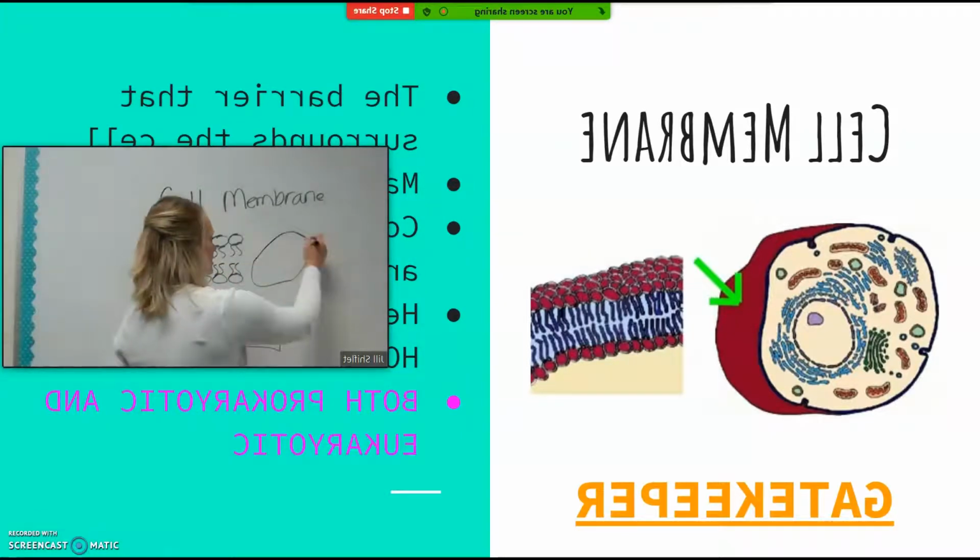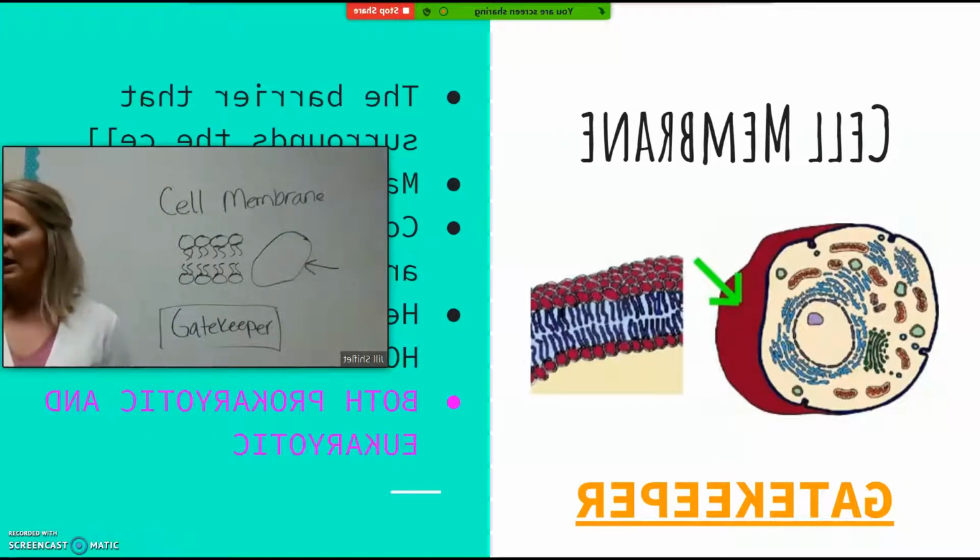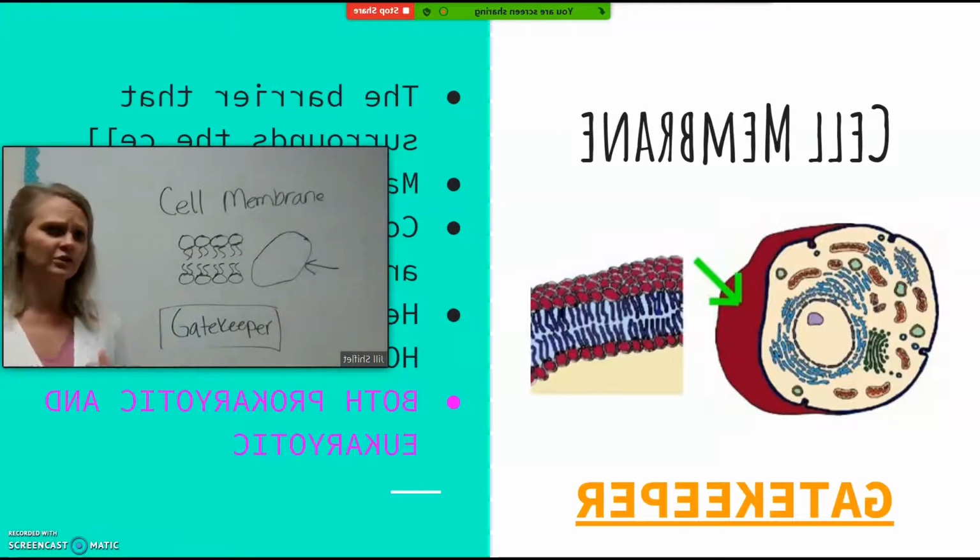Or if you just want to draw a cell with an arrow to point to the outside, however you want to do it. But you need to remember that the cell membrane is the part on the outside. It controls what gets to come in or leave the cell. It's made of these lipids, these fatty acids, and it moves around. It's very fluid.